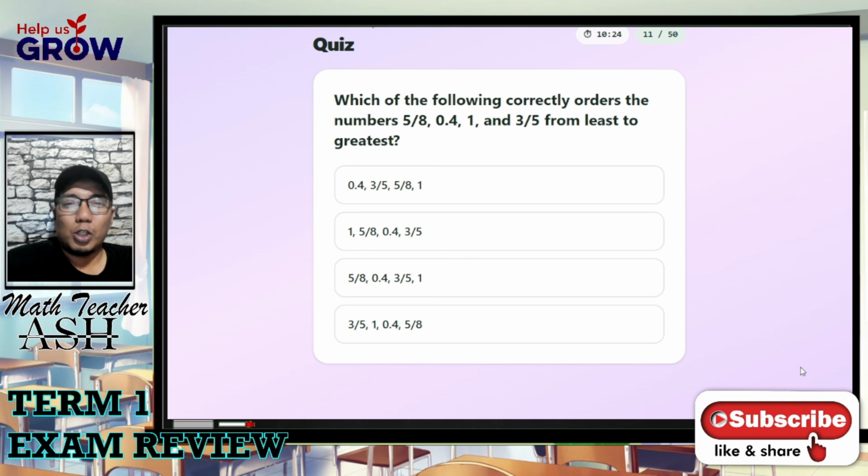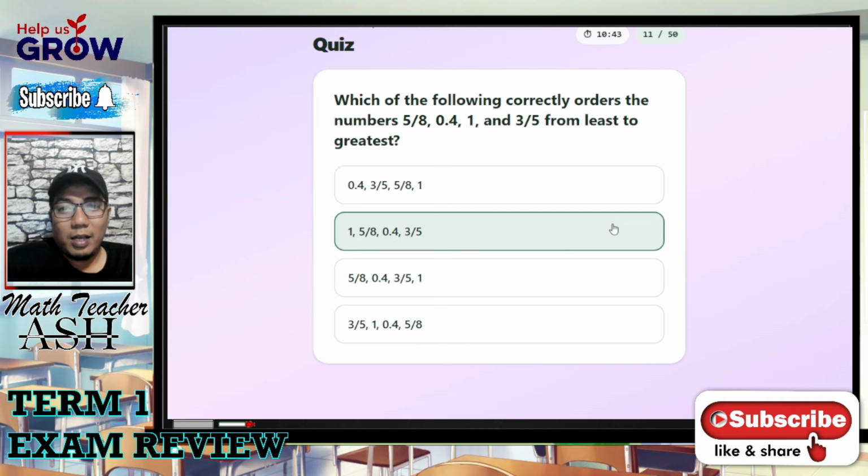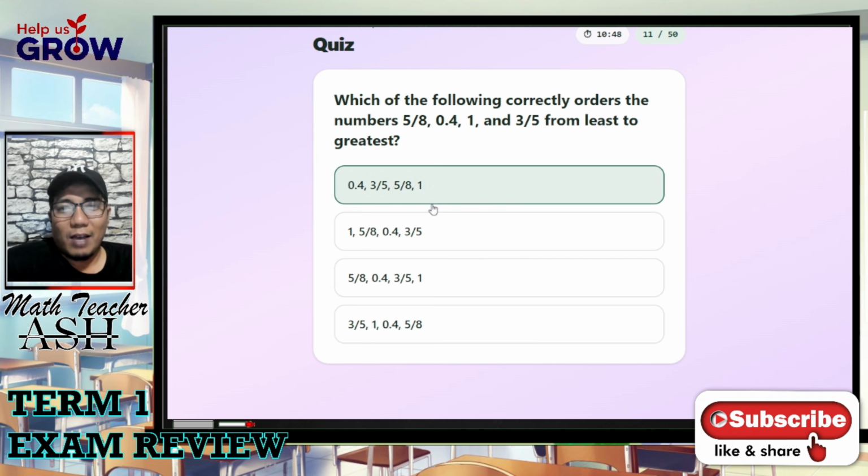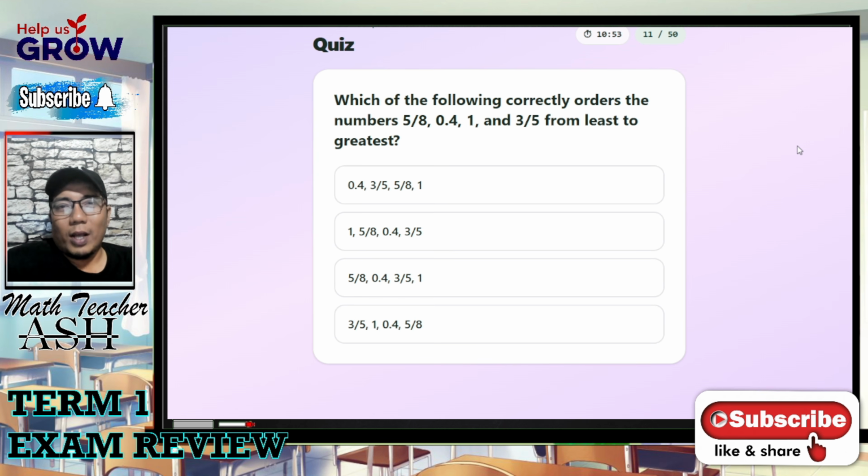Okay, my dear math learners, we are talking about least to greatest. So, of course, from the four given numbers, the greatest is the whole number 1. So the second one and the fourth one are already wrong. We only have this one and this one. Let us consider the equivalent decimal value for 3/5.